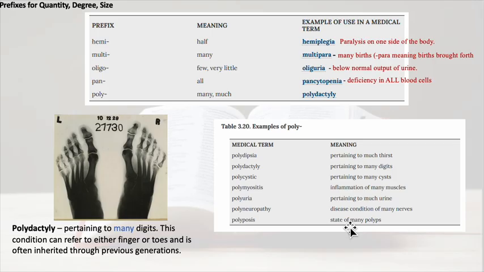So excess cell growth that is not yet cancerous. So polyps can occur in the colon, for example, and they could be precancerous, in which case they would have to be removed if they're investigated further to see if the cells have the potential of becoming abnormal. So polyps are essentially just growths.